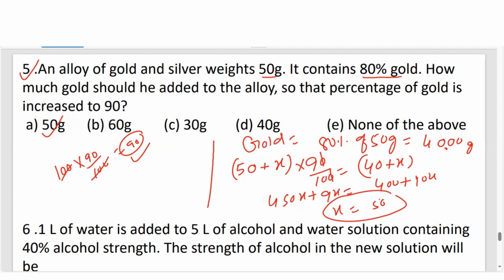Gold is already 40 gram, since 80% of 50 is 40, and we added 50 gram. So 40 plus 50 is 90. In this tricky way, we can find the answer in just one line from the options.